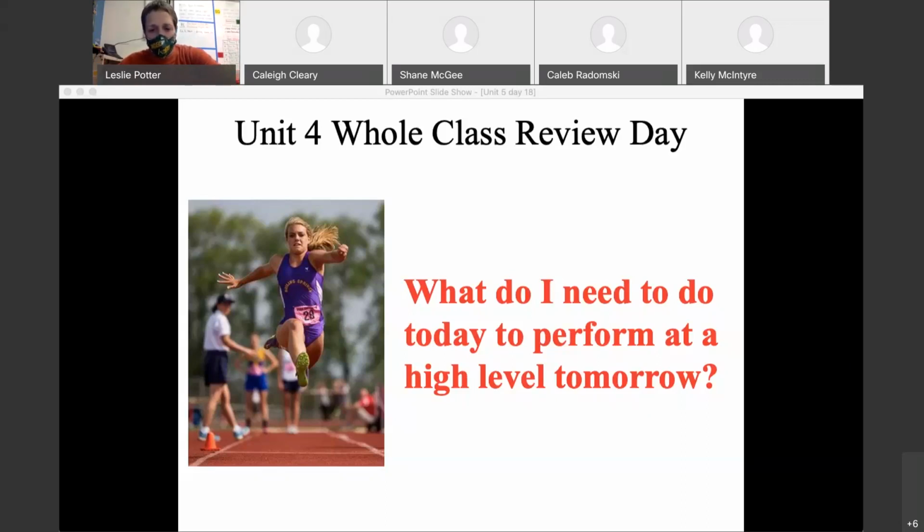FRQs at end of packet plus FRQ on page 33. It looks like a line, parabola, line.